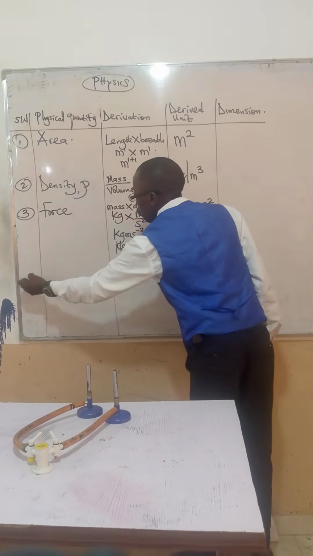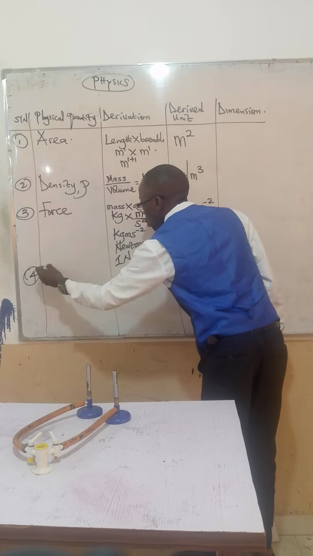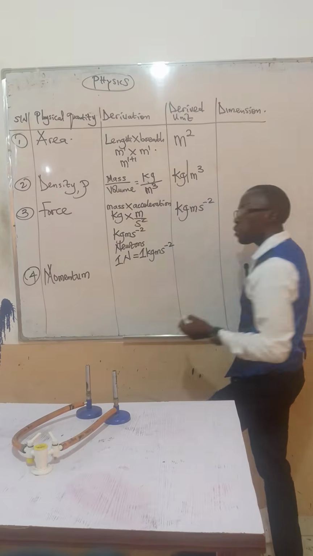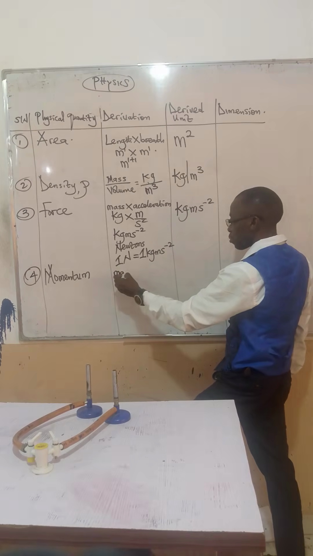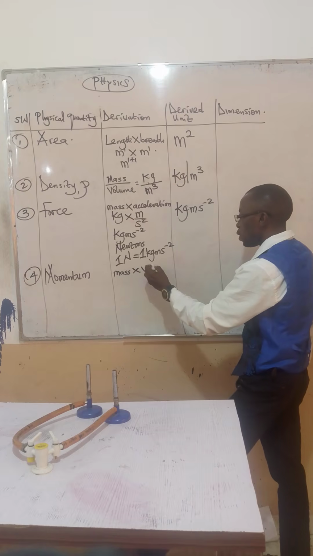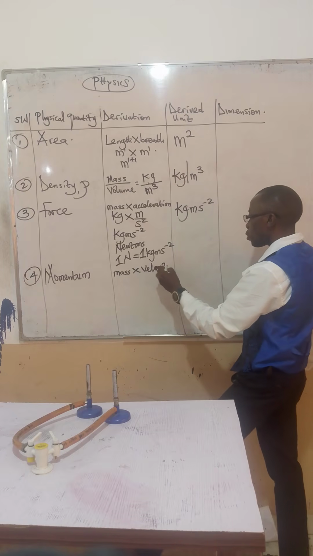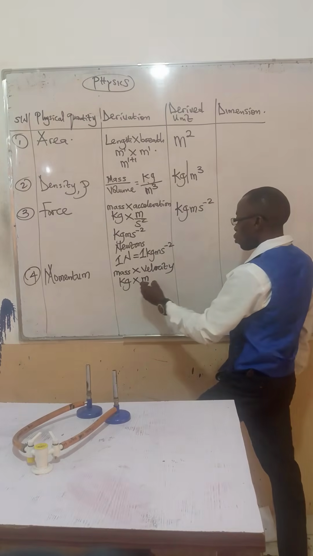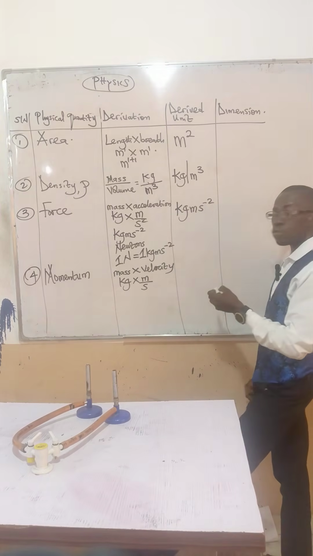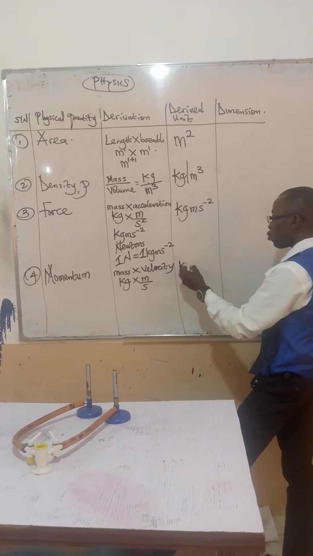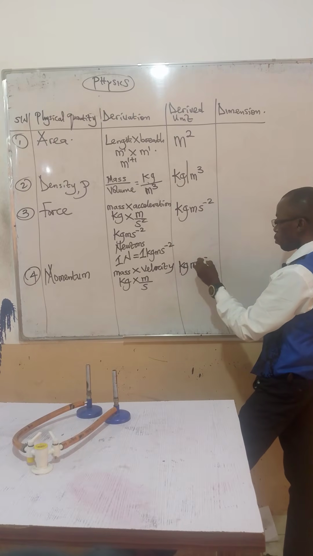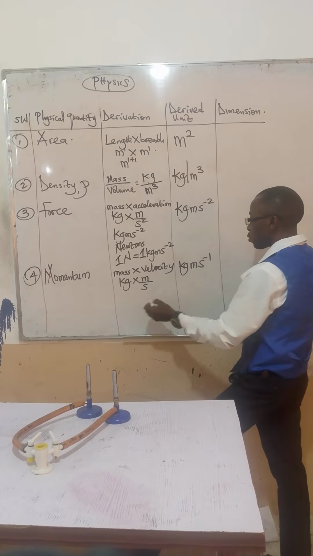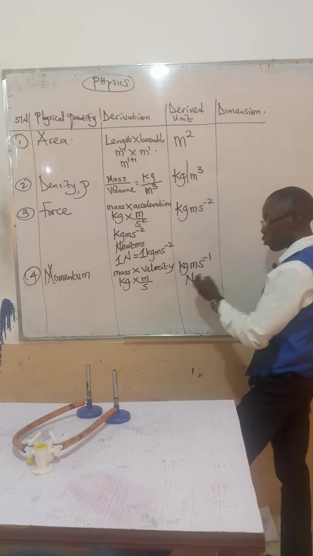All right, let's pick the next. We can talk about momentum. Momentum here is a product of mass and velocity. Mass is measured in kilogram, velocity is in meters per second. So therefore you can have the unit of momentum to be kilogram meters per second, or at the same time we can call that Newton seconds.